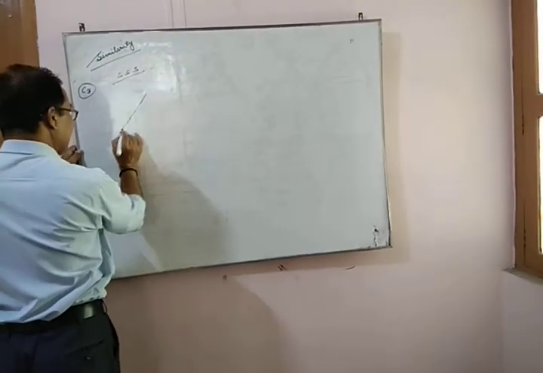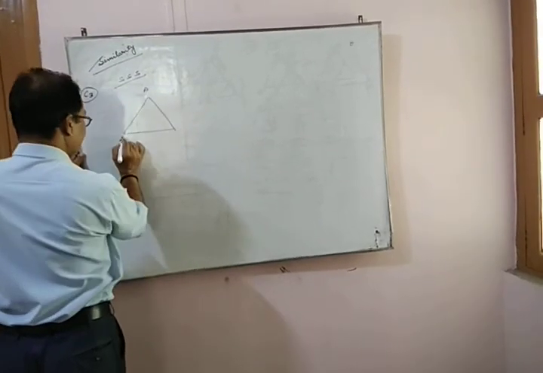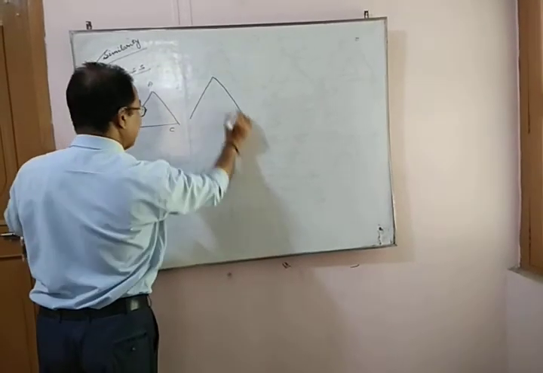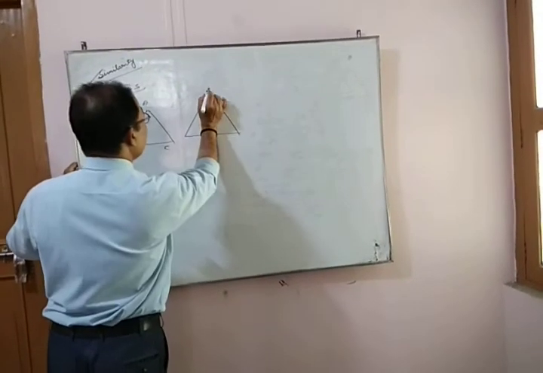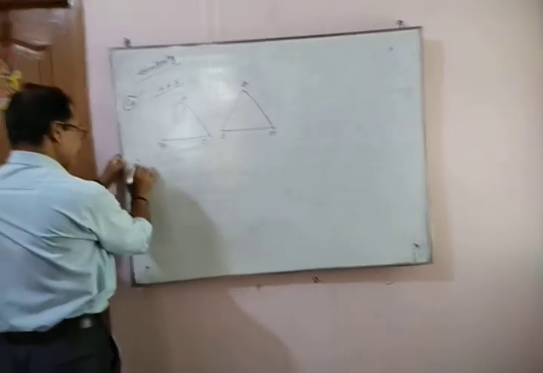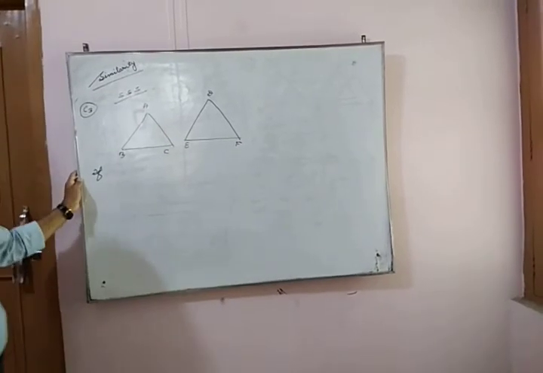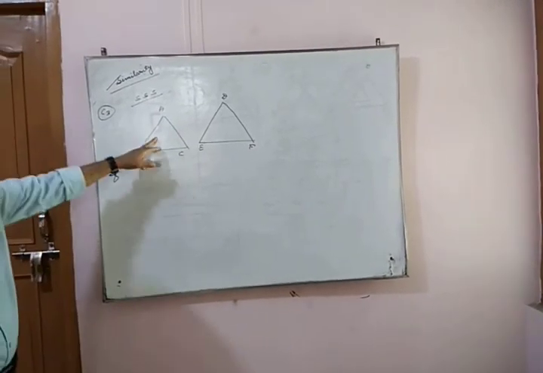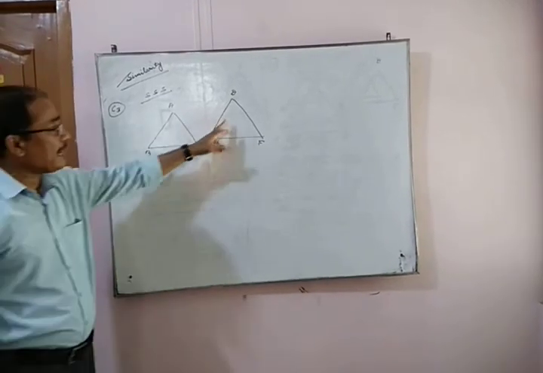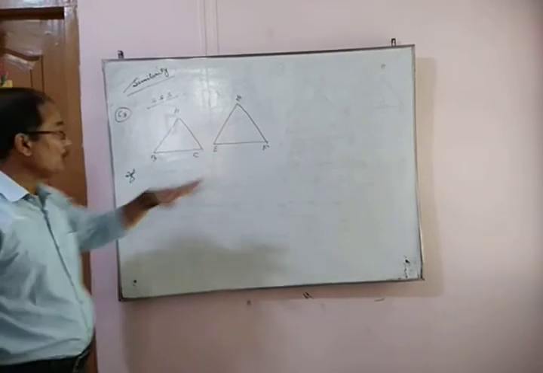Let ABC and DEF be two triangles, and if three sides of one triangle are proportional to the three sides of the other triangle, then the triangles will be similar to each other.